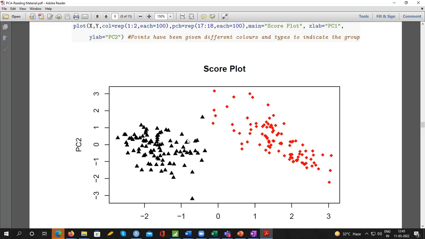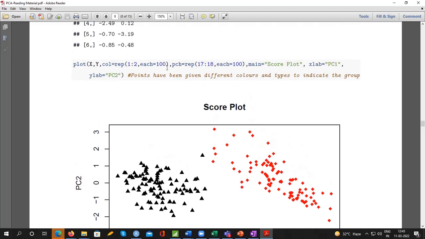What we would want to verify is whether these two groups correspond to the groups in my data, that is genuine notes and forged notes. What I know is the first 100 notes are of one type and the next 100 notes are of the other type. So now we give colors to those groups which are already known in the data. We give the first 100 notes black color and the next 100 notes red color.